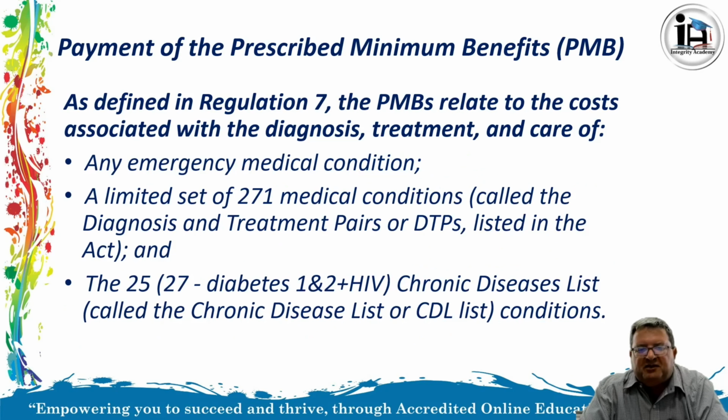Any emergency medical condition, a limited set of 271 medical conditions called the diagnosis and treatment pairs or DTPs listed in the Act, and the 25 chronic diseases, including diabetes, 1 plus 2 plus HIV, on the chronic diseases list or CDL list conditions.